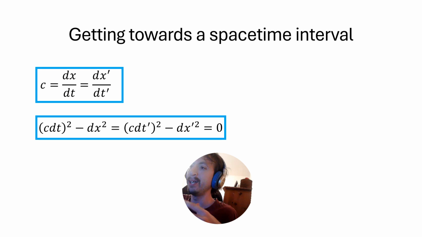So what that means, bizarrely, for light is that all events in space-time occur at no distance apart, which is rather bizarre.